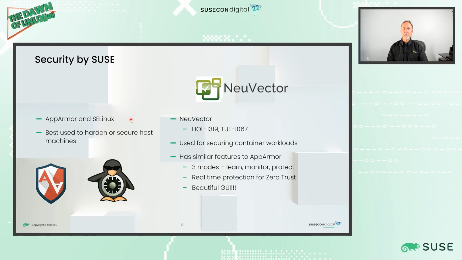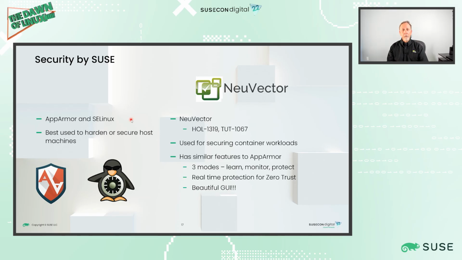They do not look anywhere near the same. It's almost like a language of its own. So there is some skill required to be able to manage those profiles. But it's an option, and we ship with both because we want people to have access to either, and you pick the one that works best for you. Both can be used to harden or secure your host.